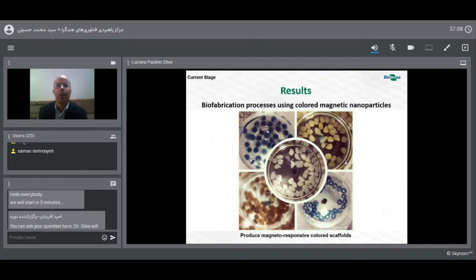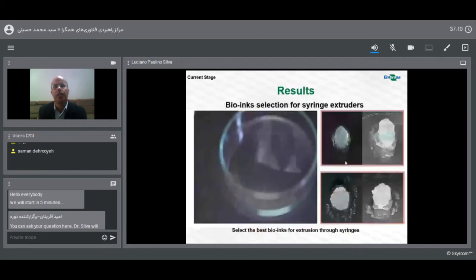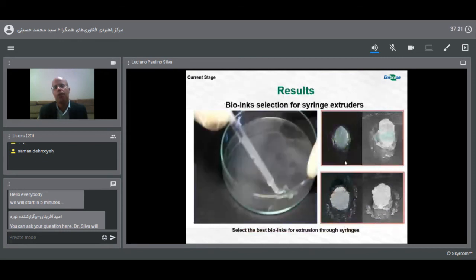Other strategies of our team are related to the selection of ideal bioinks to be applied using the bioprinting process.